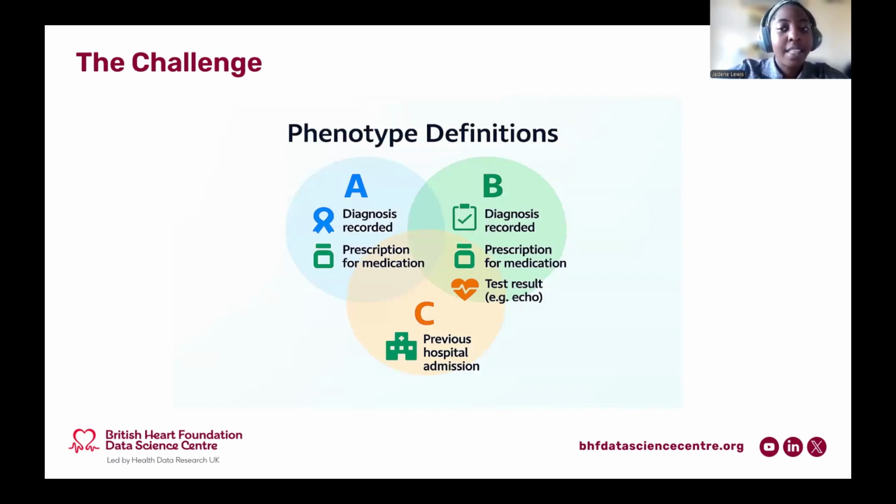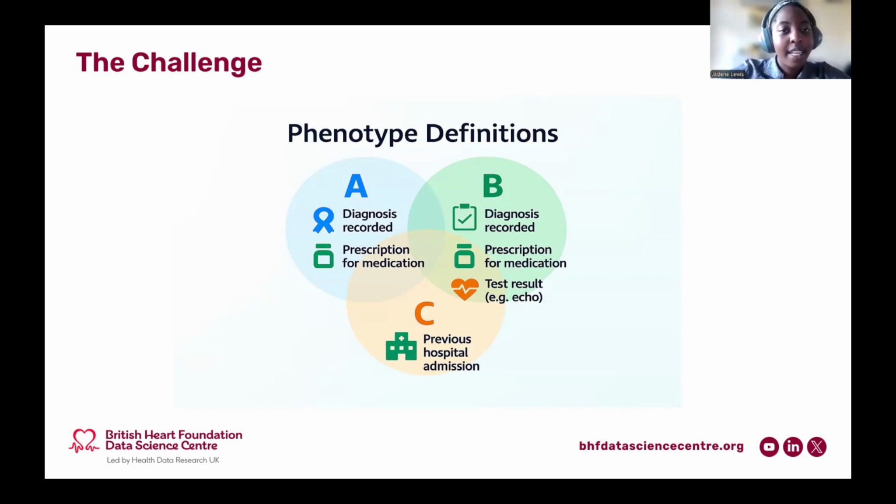The challenge with using different phenotype definitions is that different definitions don't always pick up the same people. Some definitions are quite broad. For example, definition A, as illustrated here, includes diagnoses, recordings, and prescriptions. These broad definitions will extract a lot of patients, some of whom might only have limited evidence of heart failure.